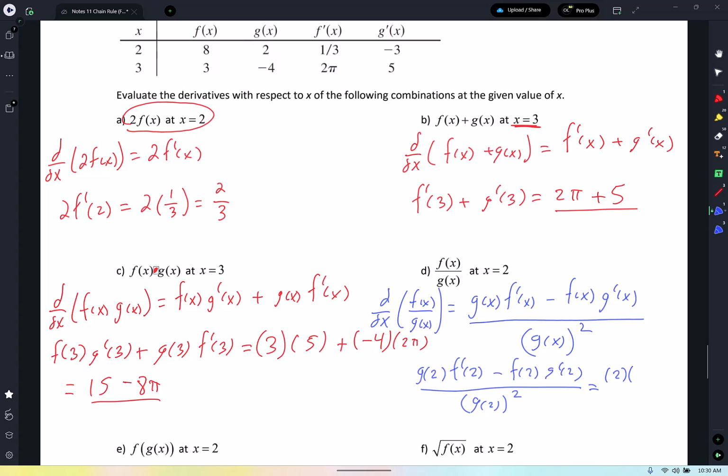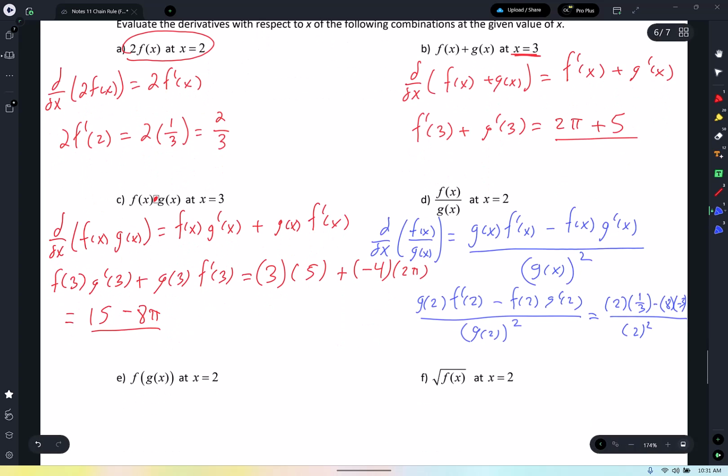F prime of 2 is 1/3 minus f of 2, 8. And g prime of 2, negative 3. All over g of 2, so 2 squared. Let's see if I can do that really quick. I'm running out of space, but I think I can still fit it.